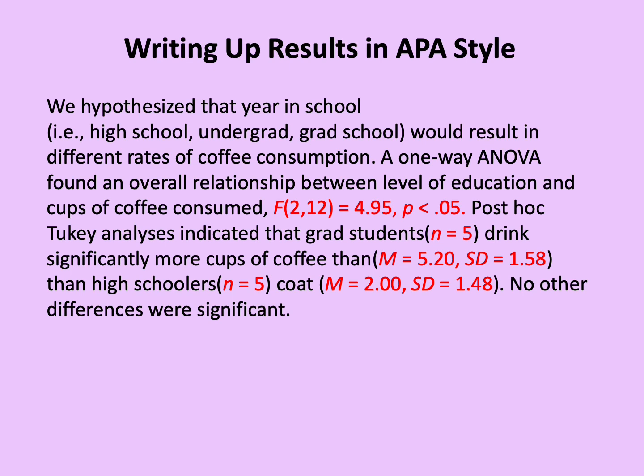Next, after stating our hypotheses and each level of our independent variable, we're going to indicate what type of statistical test we conducted and what we found. So a one-way ANOVA found an overall relationship between level of education and cups of coffee consumed.